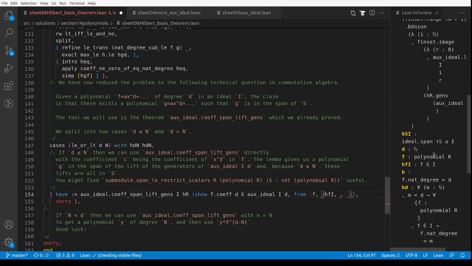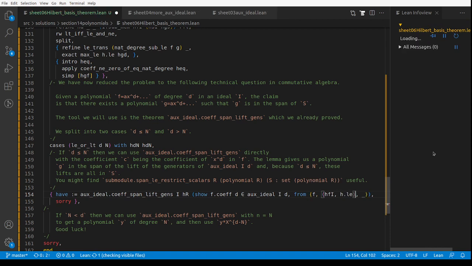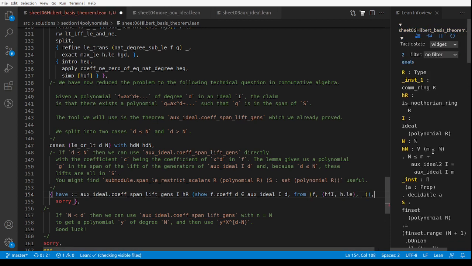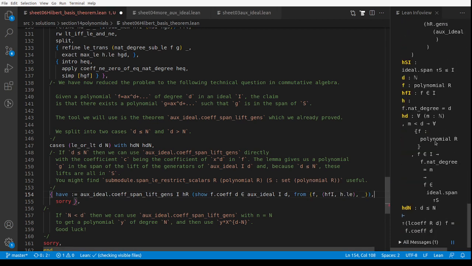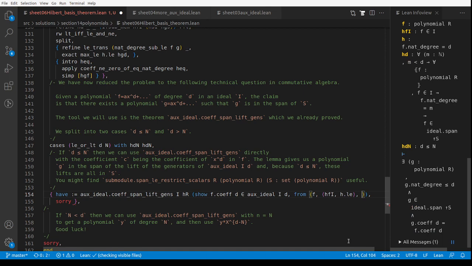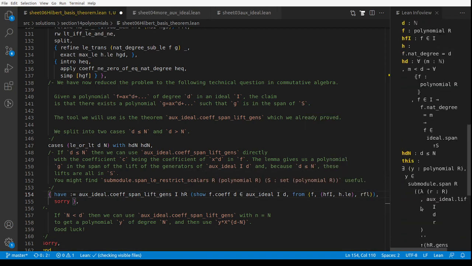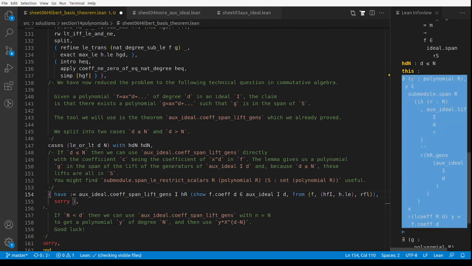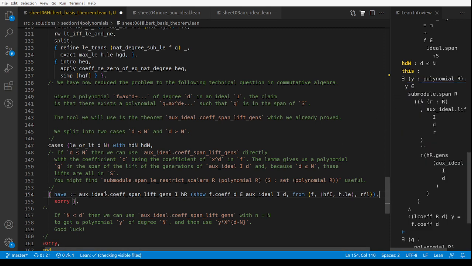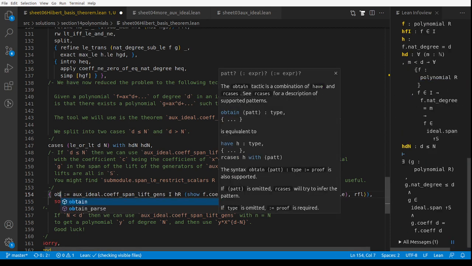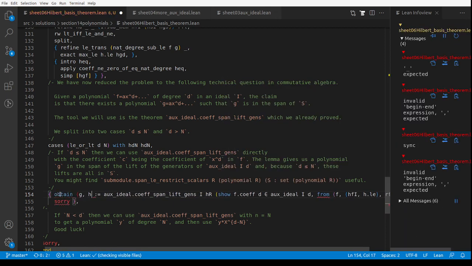Is it just called H? Yes, H.LE. So now hopefully I've got two goals, yes. And the last goal is that the coefficient of x to the d in f is the coefficient of x to the d in f, so that's REFL. There. So now we have this exciting polynomial y, which we can obtain. GHG.